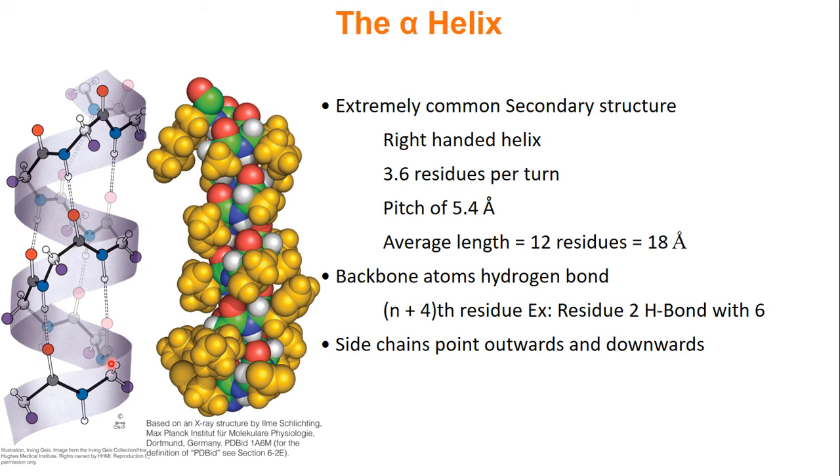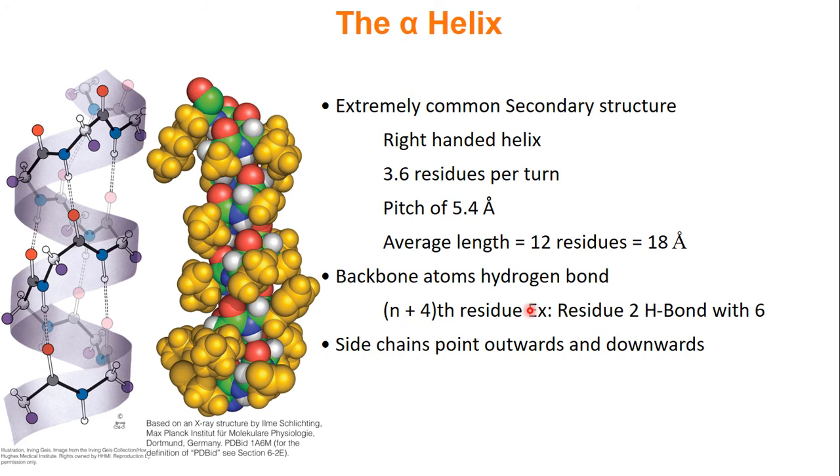Now in the alpha helix, if you look on either plot, you'll see that in the middle here we have our backbone atoms. So the backbones are buried inside an alpha helix, and they are connected through hydrogen bonds. The hydrogen bonding is quite regular in that you'll have hydrogen bonding between the N residue and the N plus 4th residue.